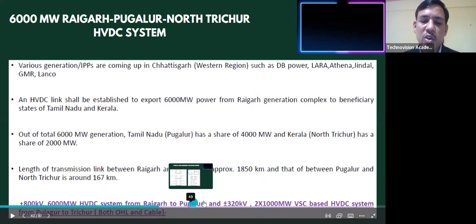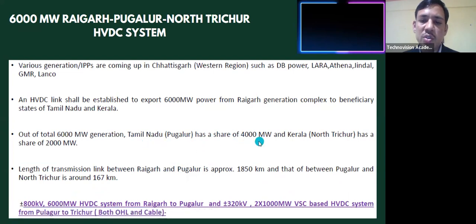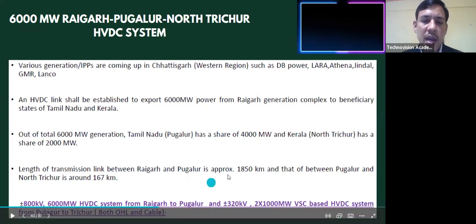Both technologies are used in this project. 4,000 megawatt is the Tamil Nadu share and Kerala share is 2,000 megawatt. And the distance from Raigarh to Pugalur is 1850 kilometer, and from Pugalur to Thrissur it is 167 kilometer. In between, it is a mixed transmission: at a certain distance there is an overhead line, and at a certain distance DC cables are used.